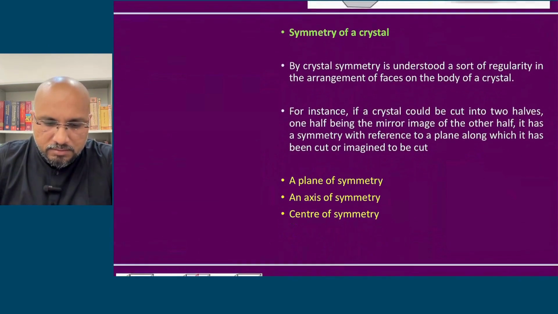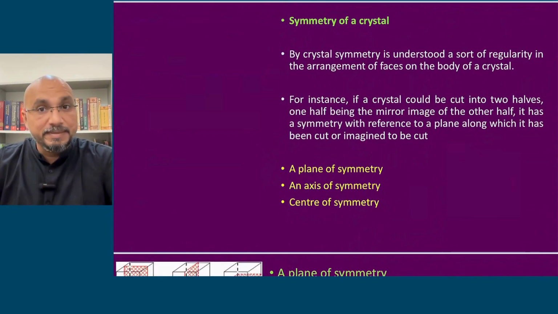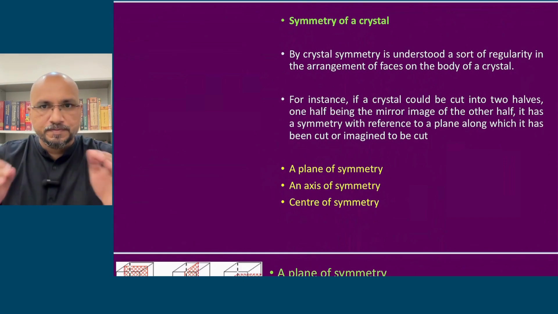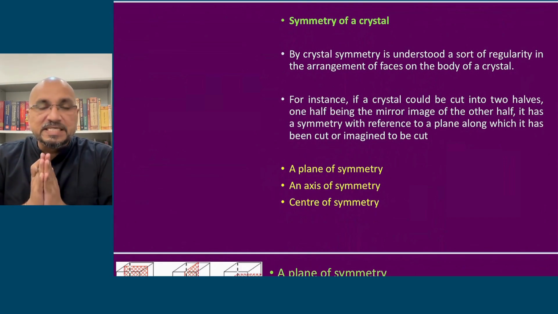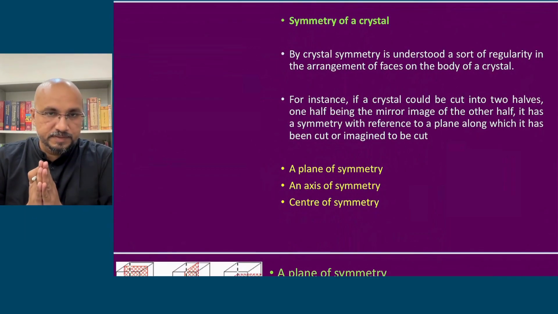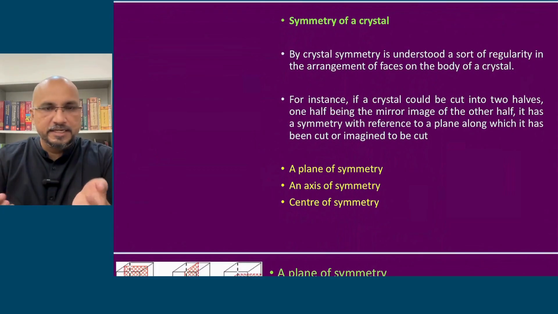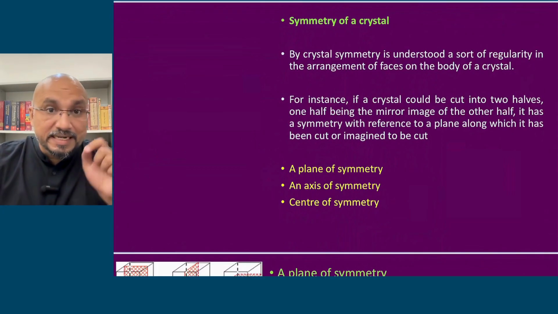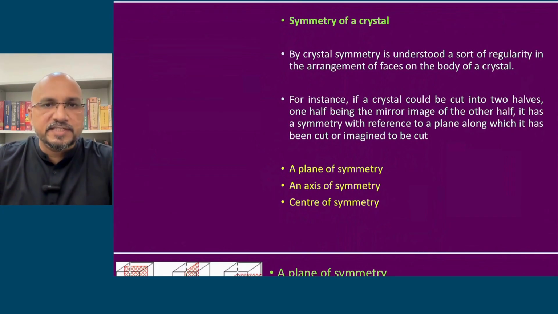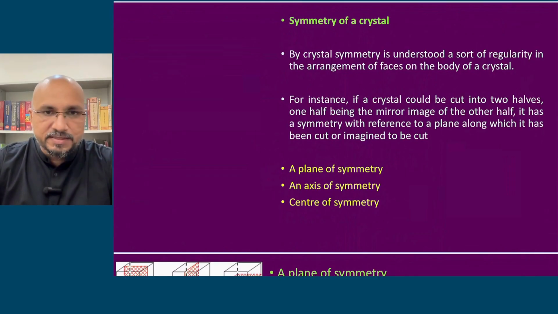Okay, now symmetry of a crystal. By symmetry it means there is some regularity in the arrangement of faces. What do you mean by symmetry elements? ये जो faces हैं, there is a regularity in the arrangement of these faces in the crystal, so that is the symmetry.